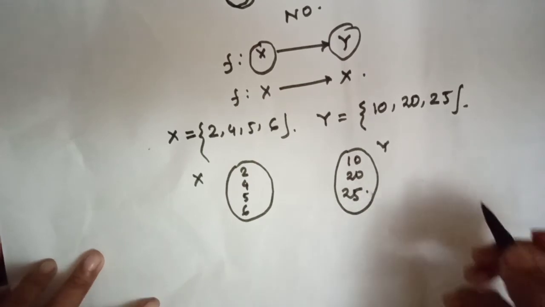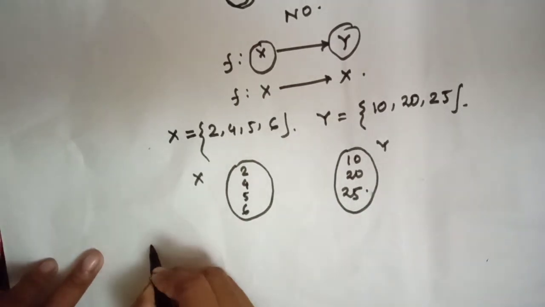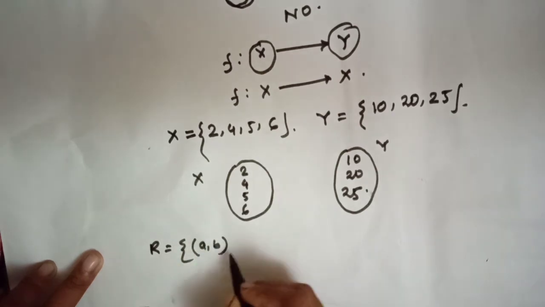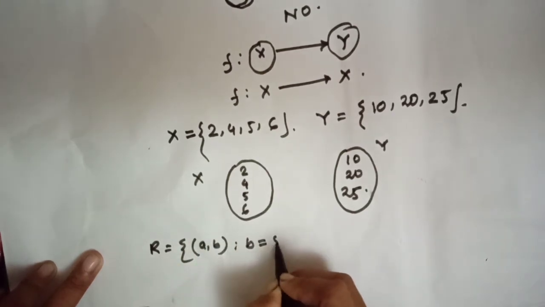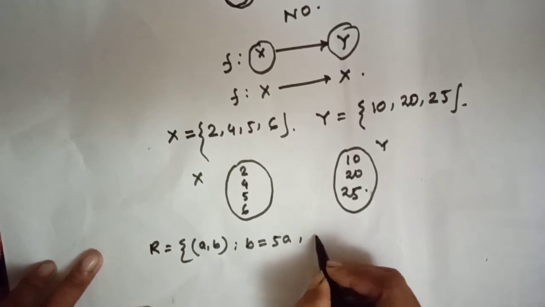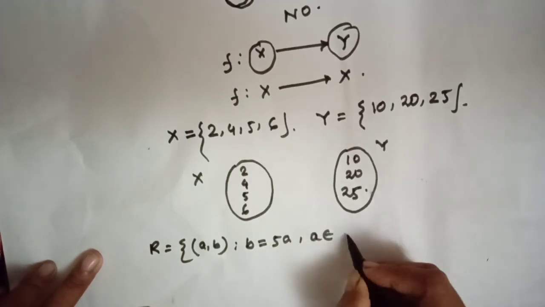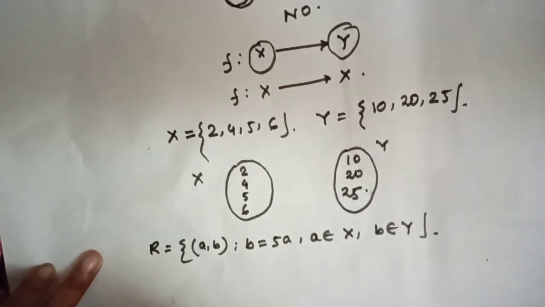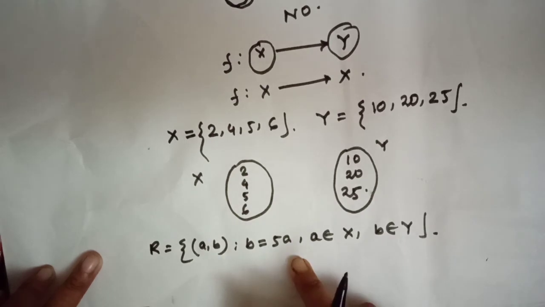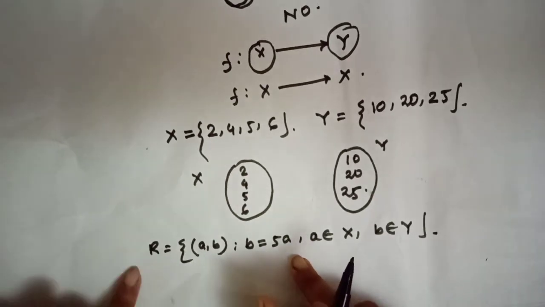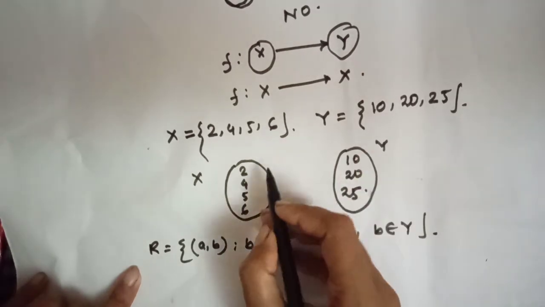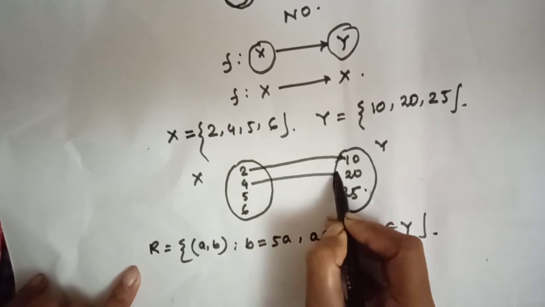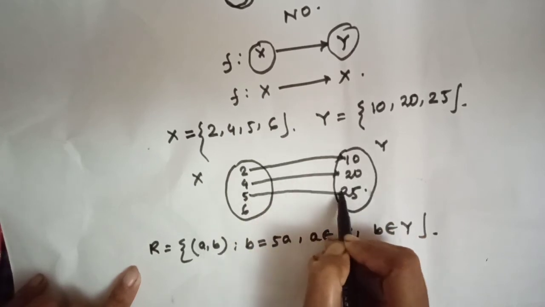The relation R equal to AB such that B equal to 5 times A, such that A belongs to capital X and B belongs to capital Y. Have you understood? Okay. Since this is the relation, that means 2 maps to 10, 4 maps to 20, 5 maps to 25.